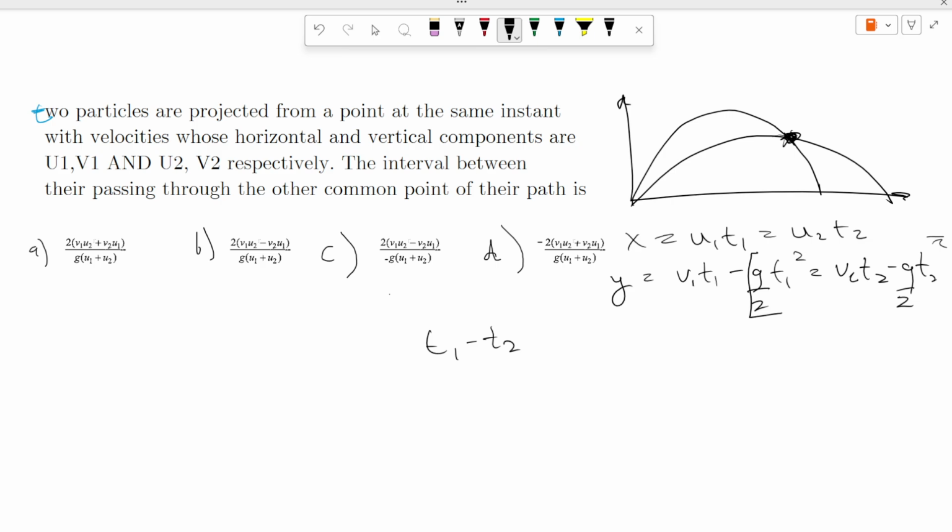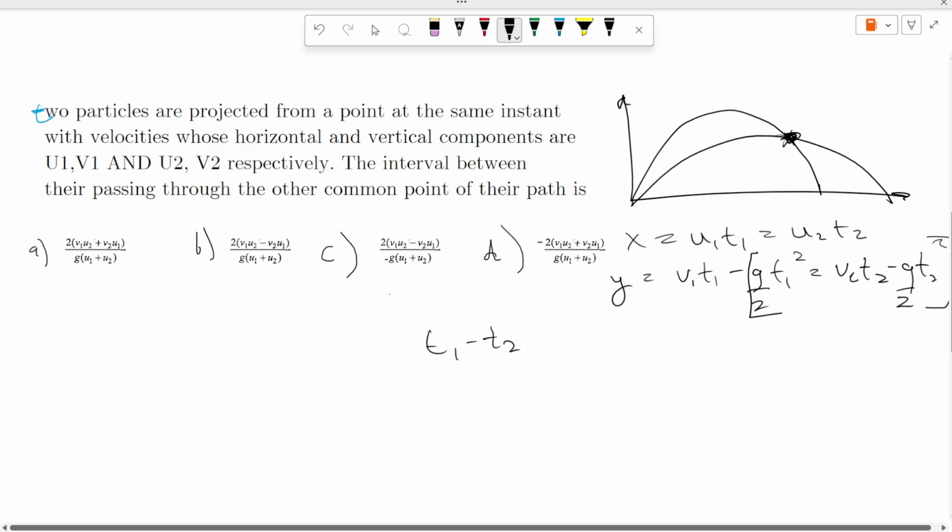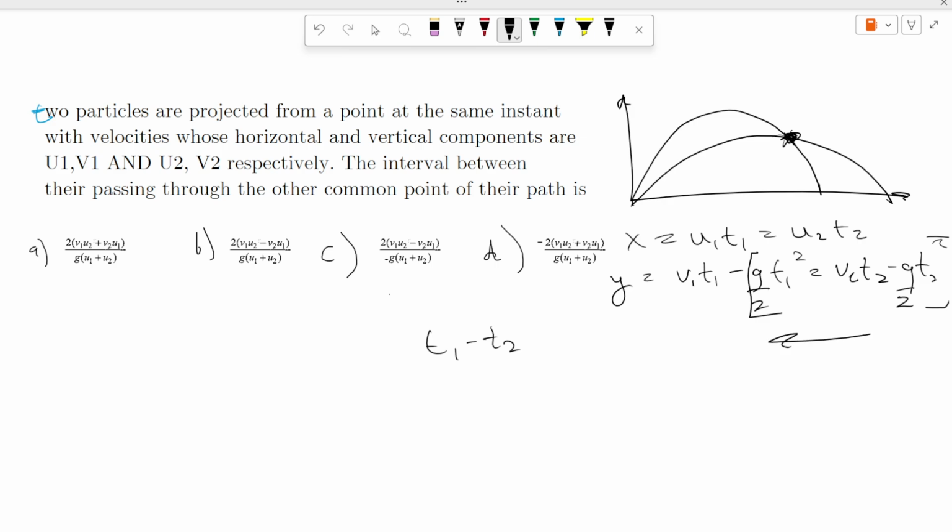After a bit of looking, you can observe that this can be easily broken down into an identity. So what we can do is take it to a common side, right? Let's just take it this way, because the answers are given in v1 minus v2 form. So v1 t1 minus v2 t2 plus g t2 squared upon 2 minus t1 squared.